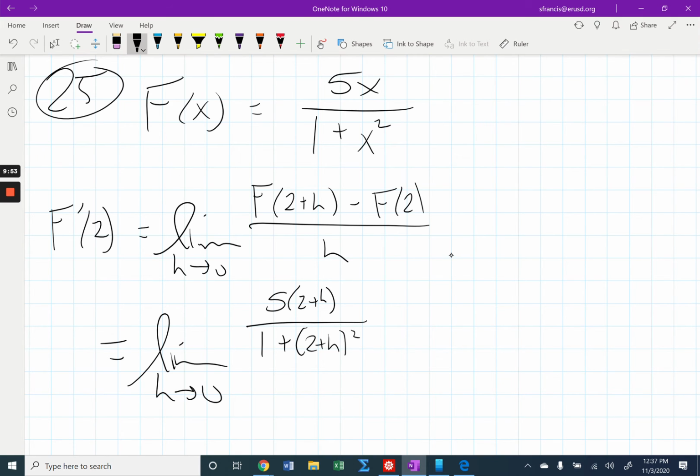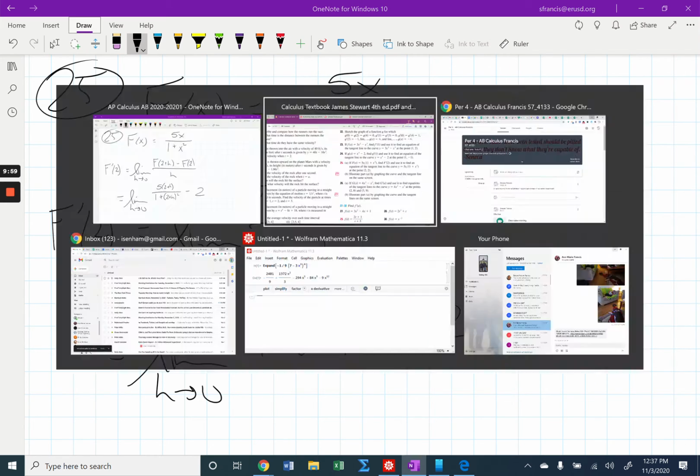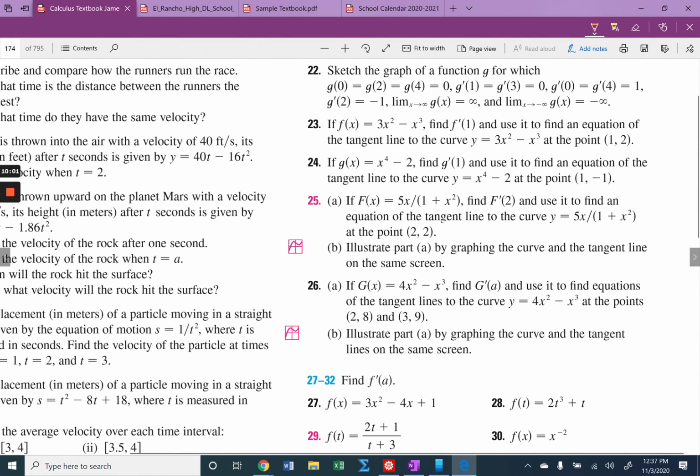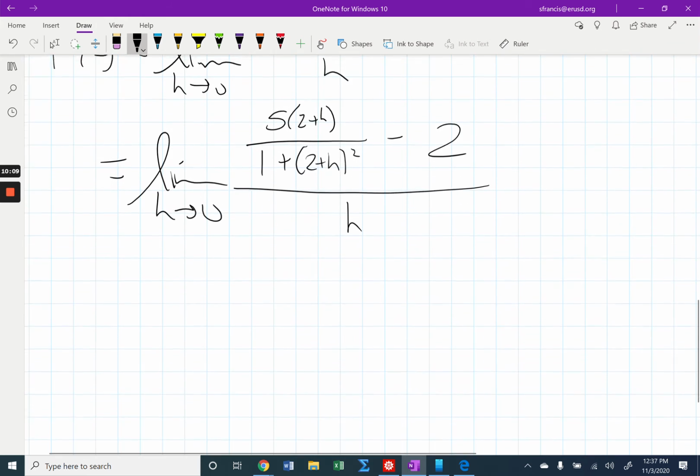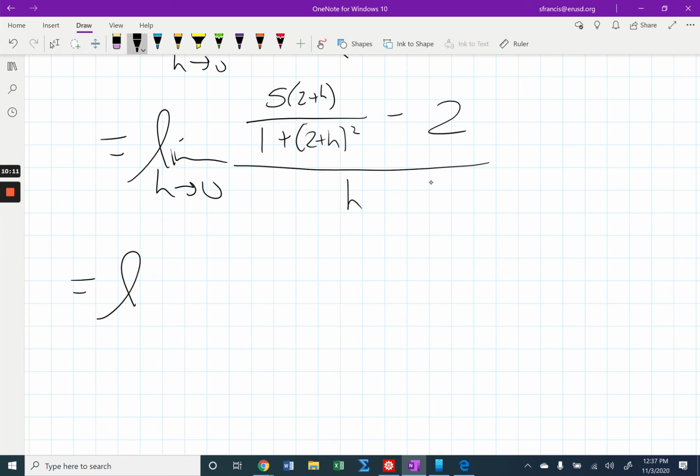Now, if I plug in 2, we know the answer should be 2. Why? Because they said it hits the point 2, 2. That was part of it. That's the y coordinate. But if you plug in 2 up here, you get 10 over 5, which is 2. But anyway, all over h. Now it's just algebra. We know that this has to work out to be something, or I don't know if we know that, but it will.